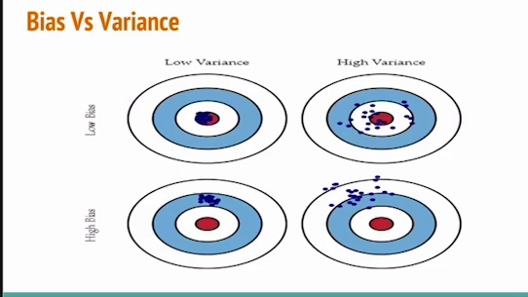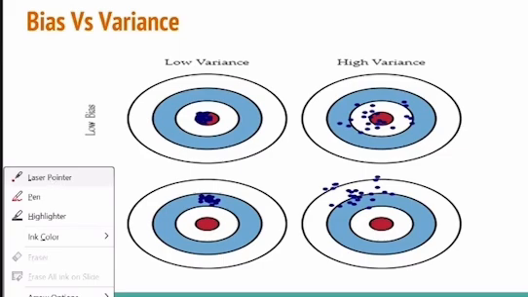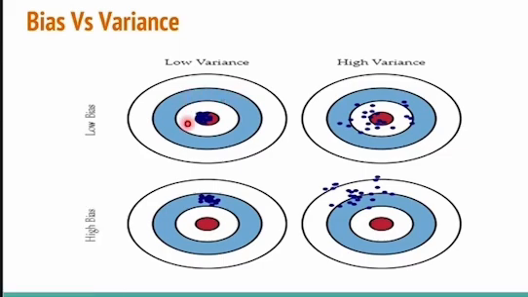Now, I wanted to take a look at this particular image. What do we mean by bias? What do we mean by variance? I need you to pay attention so that you can see the connection, or the distinction between them.